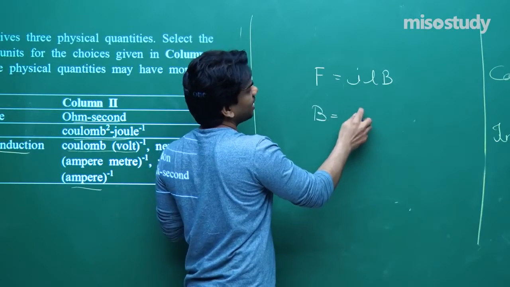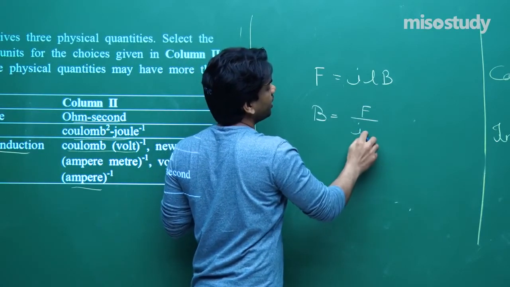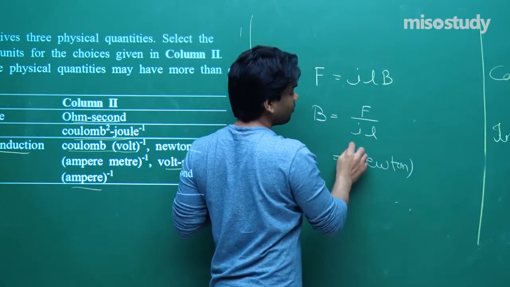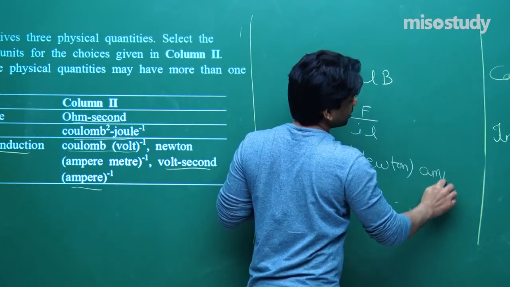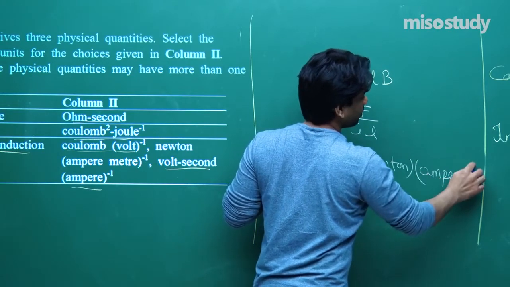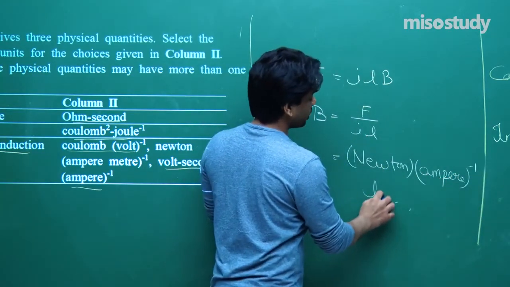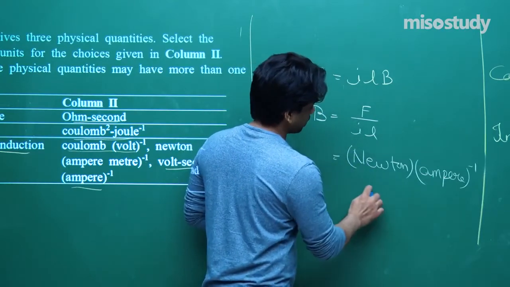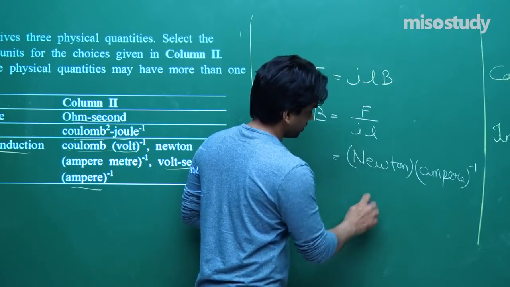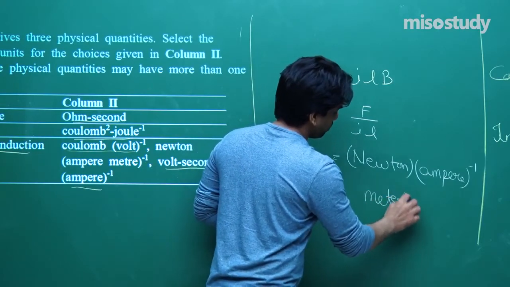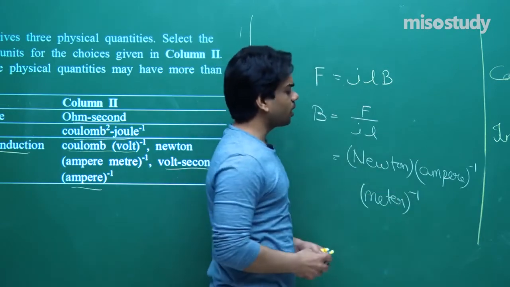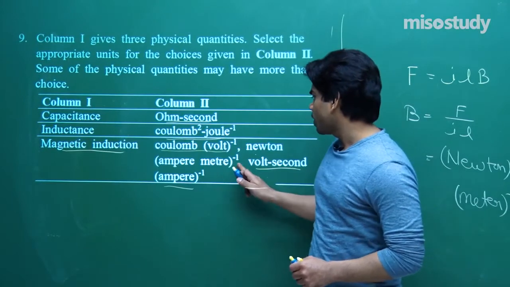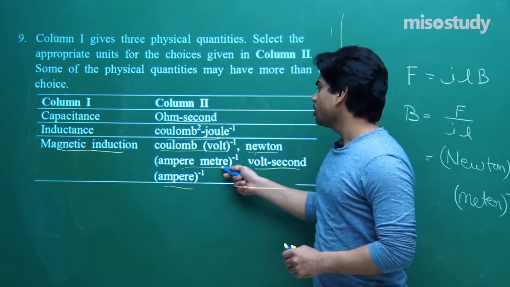So B we can write as F upon I into L. F stands for Newton, I for ampere, so ampere power minus 1, and L stands for length, meter power minus 1. So we got Newton, ampere power minus 1, meter power minus 1 for the magnetic induction.